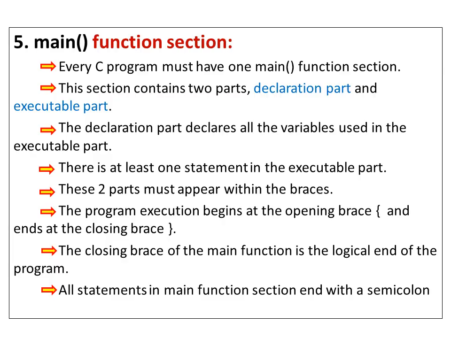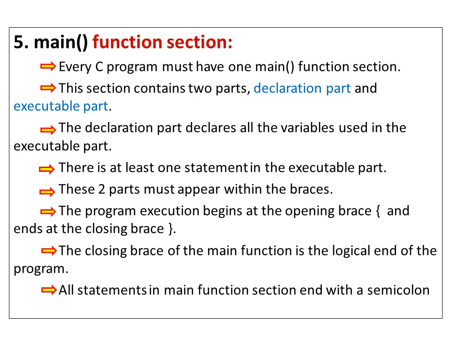Next we have the main function section. Every C program must have one main function section. This section contains two parts, the declaration part and the executable part. The declaration part declares all the variables used in the executable part. There is at least one statement in the executable part.